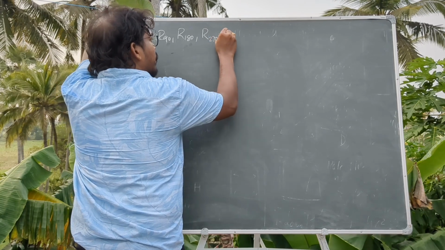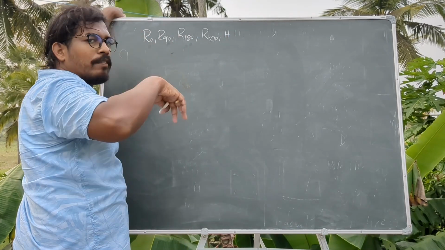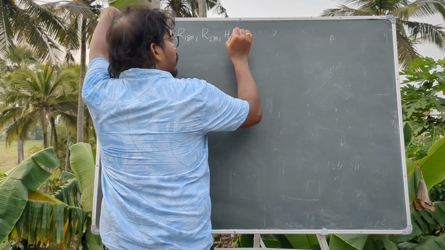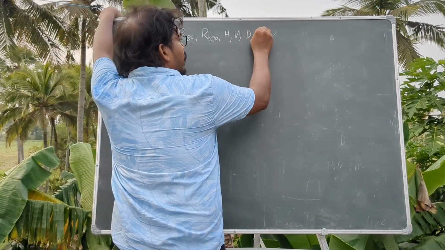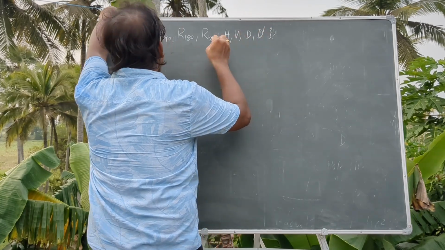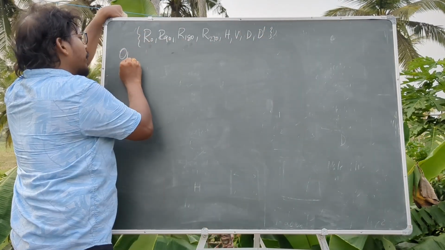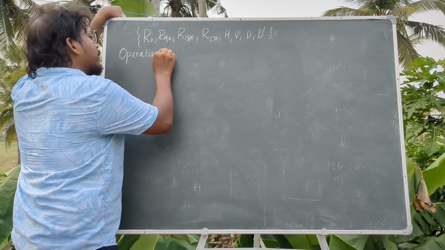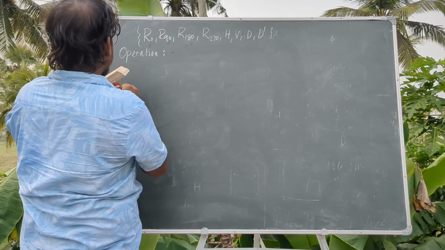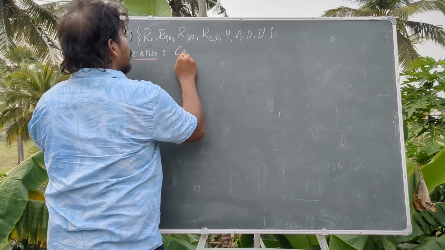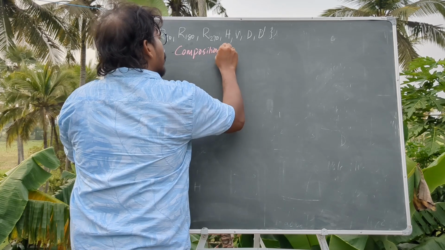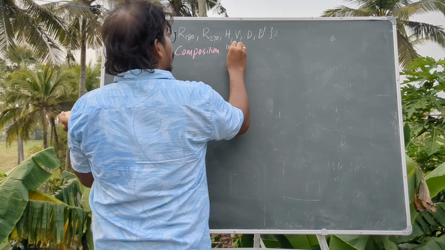R270, H is horizontal flip, vertical flip, flip about main diagonal, this is the other diagonal. We will give one operation to this set. The operation is composition, or we can say followed by.